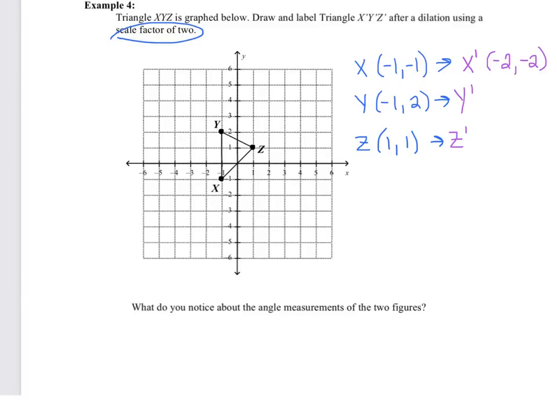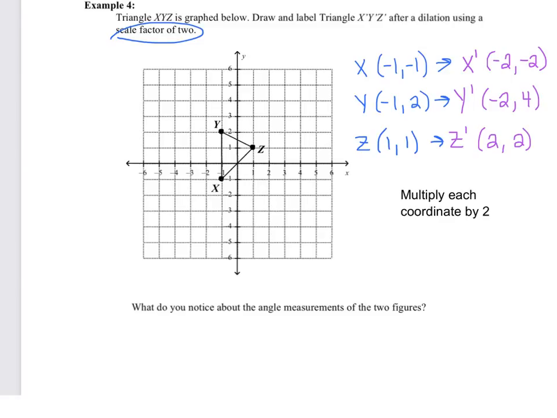Our Y prime, 2 times -1 would give us a -2, and 2 times 2 would give us a 4. And then our Z prime, 2 times 1 is 2, and 2 times 1 is 2. So we multiplied each coordinate by 2 since our scale factor is 2.